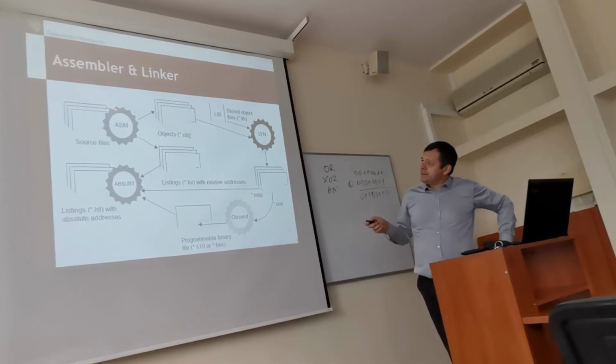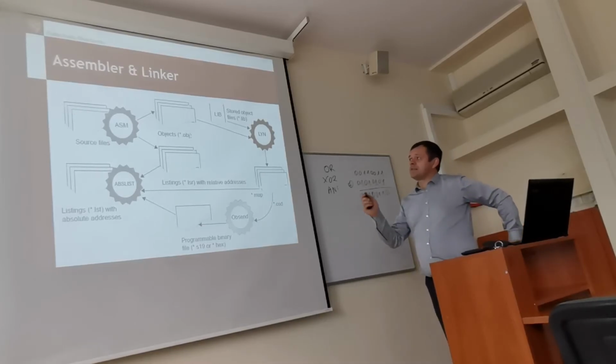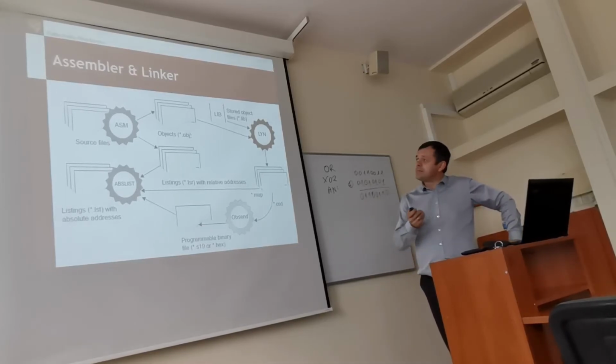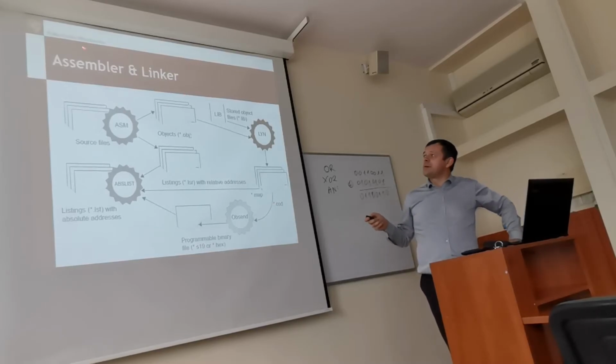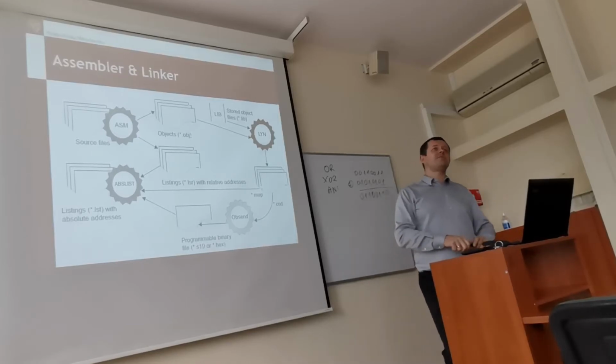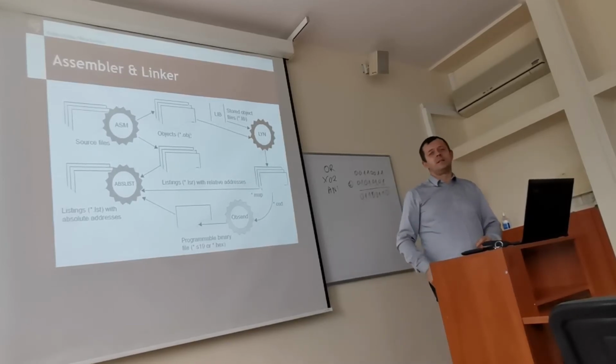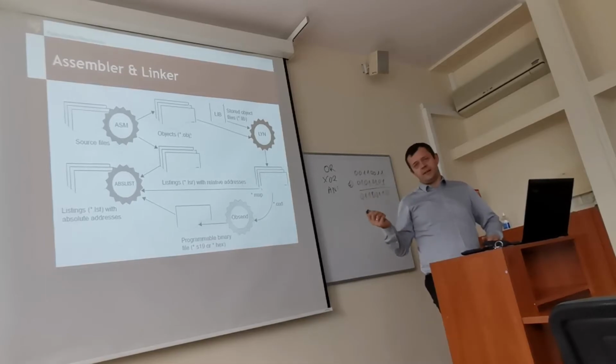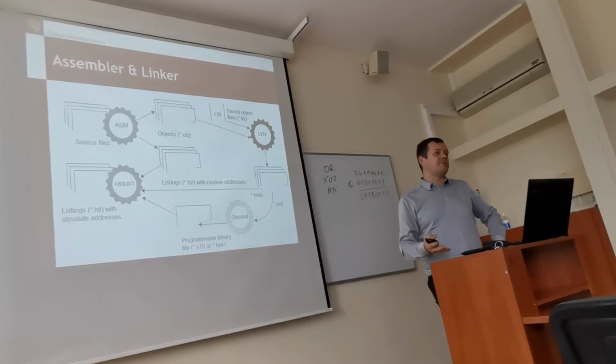Then from those source files, whether assembler optimized, native, or written by a developer, there is assembling going on, and from the assembly we get object files. Object files are not text files anymore, because the assembly files are text files, even after optimization.